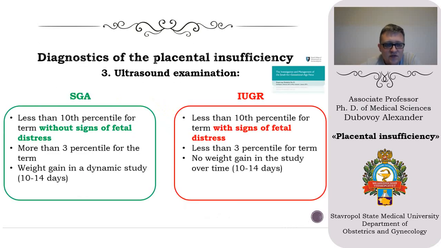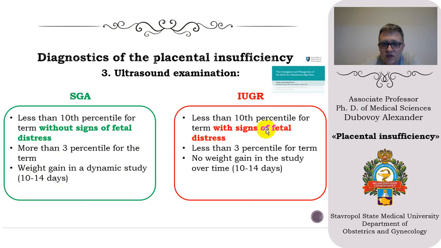The slide presents a differential diagnosis between fetal growth restriction and small for gestational age. Small for gestational age is normal for the woman: less than the 10th percentile for term without signs of fetal distress, normal uteroplacental blood flow, normal cardiotocogram, more than the 3rd percentile for the term, and weight gain in a dynamic study at 10-14 days.